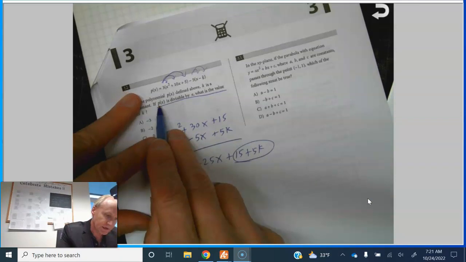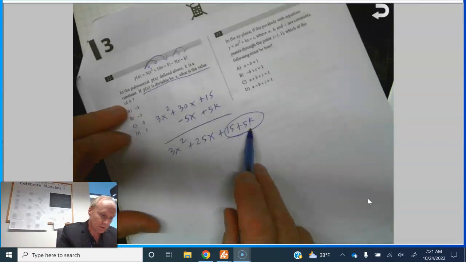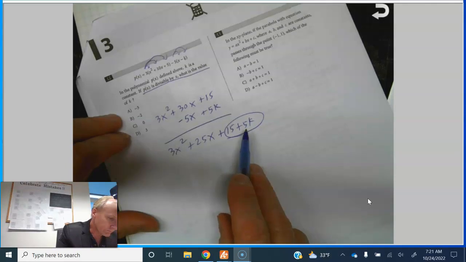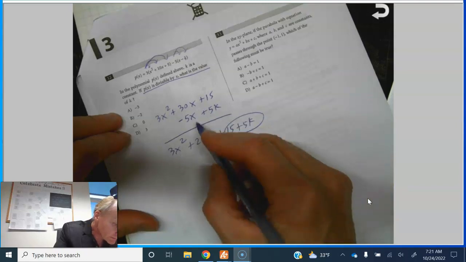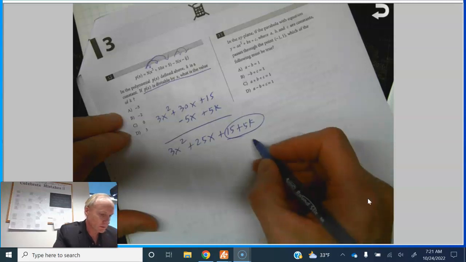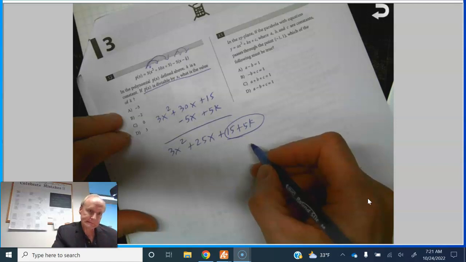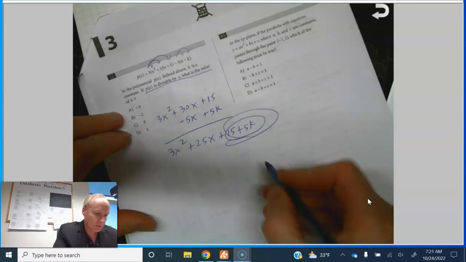Now it says p of x is divisible by x. What is the value of k? So we want... Oh, that's 5x. It's minus 5x, yeah. Interesting. Oh, we want this to be 0.